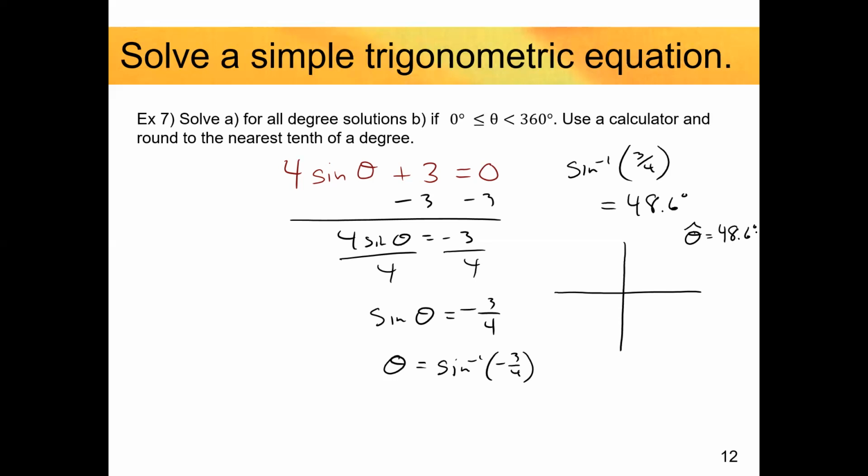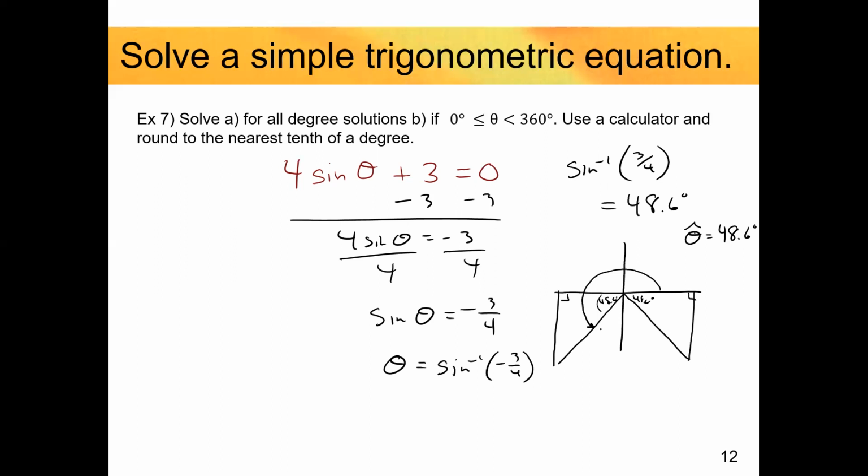Now, because sine is negative, which 2 quadrants should sine be in? 3 and 4. So I have a triangle set up in quadrant 3 and in quadrant 4, with a reference angle of 48.6 inside each little angle. Now the question is, what is this angle, and how do we get there?